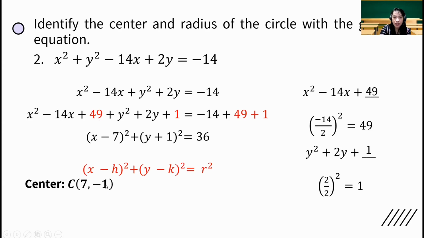Sa value naman ng k, in the point C, since na may positive 1 dito, just get the opposite, that is negative 1. To get the radius, since r squared is equal to 36, to get r, just get the square root value of 36, and that is 6. Radius, or r, is equal to 6.